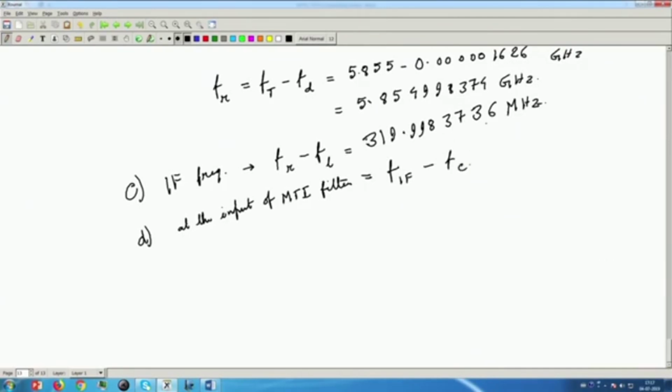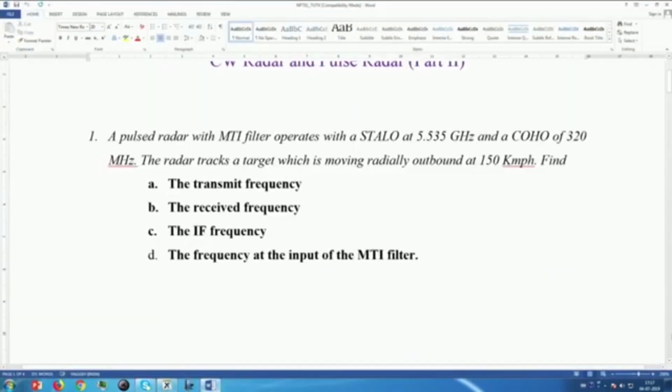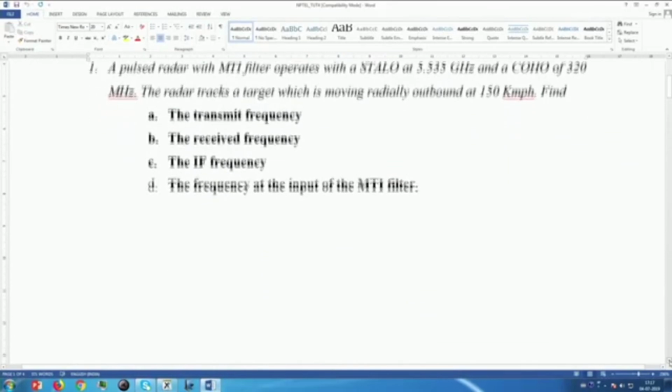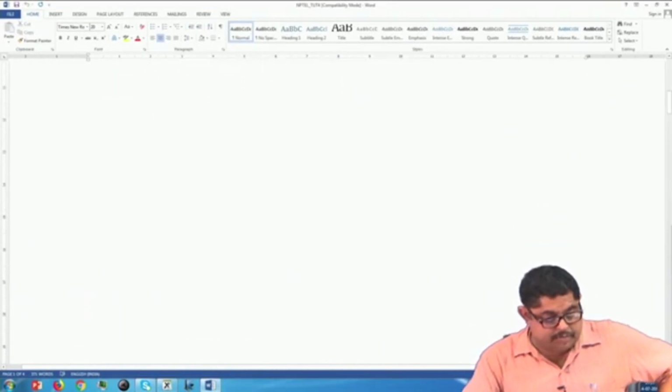FIF is this, FC is known, so it is minus 1.626 kilohertz. So this is the Doppler shift. It is on the negative side, there is a Doppler of this. That's all. So very conceptual problem. Let us go to the next problem.